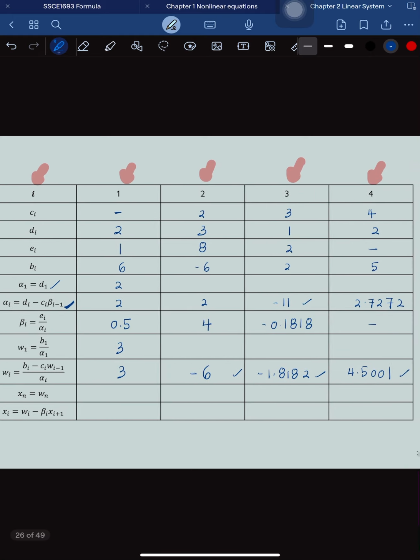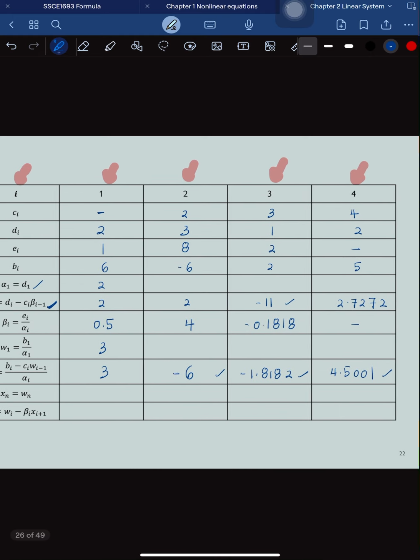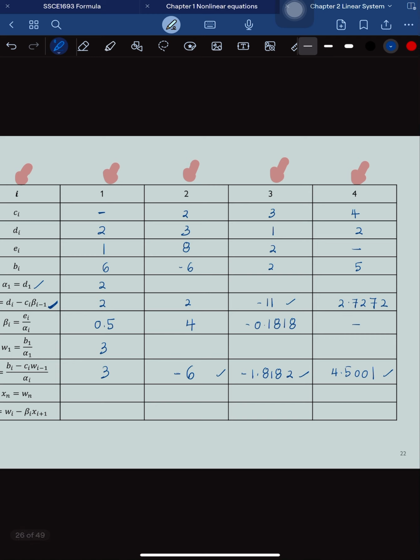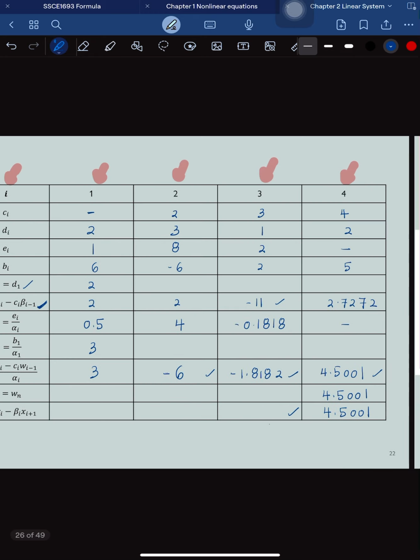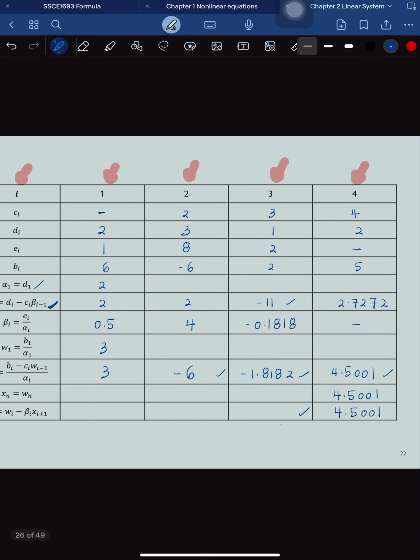Our next target is xn equal to wn. So start with x4, which is 4.5001. Then find x3 equal to W3, negative 1.8182, minus beta, so plus 0.1818, multiplied by x4. That's why we need to find x4 first.